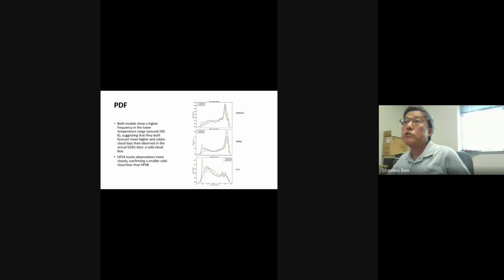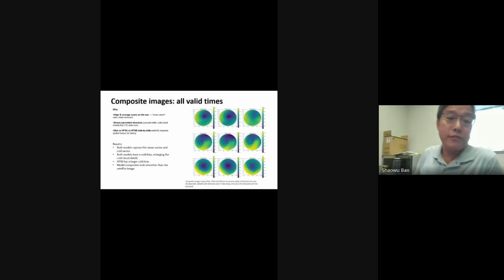Now let's move on to the composite images. What are these composite images? Basically, we overlay all the available data onto one image. So these composite images represent the mean hurricane, the mean storm view. And the benefit is, at each time there is a lot of noise and random errors.